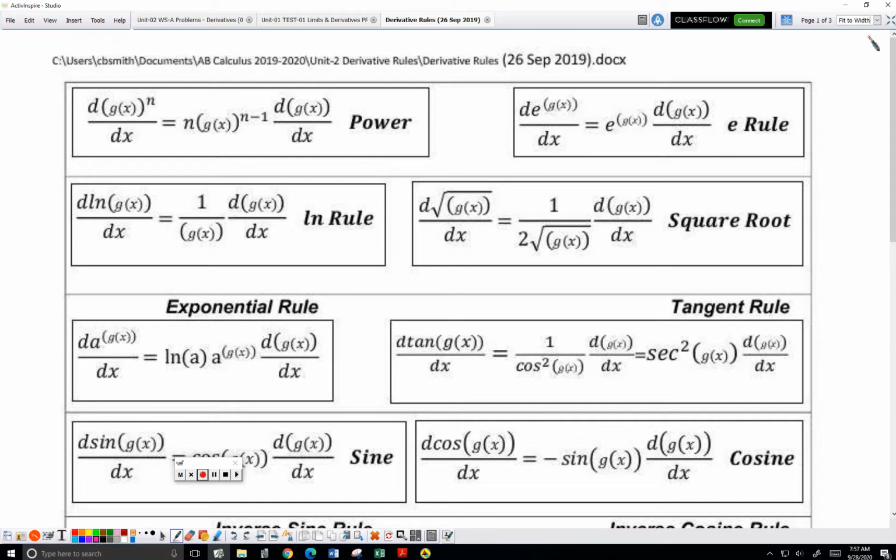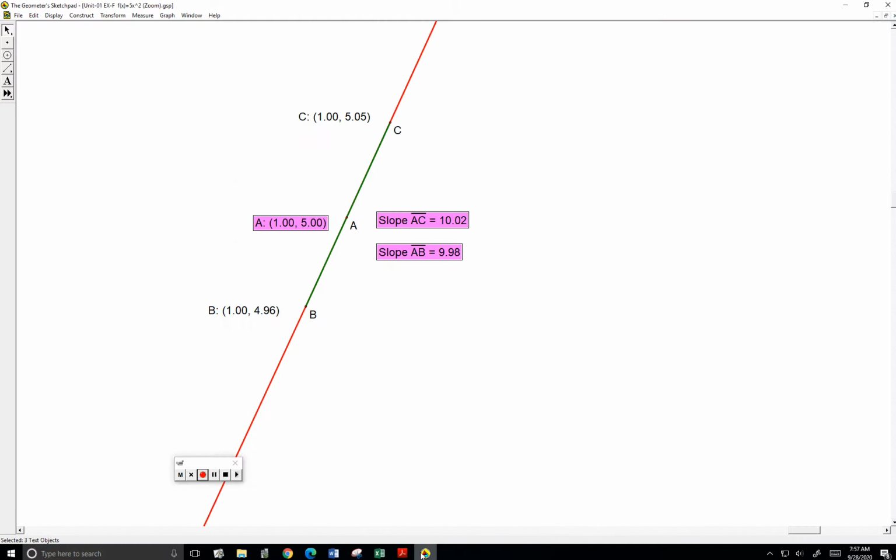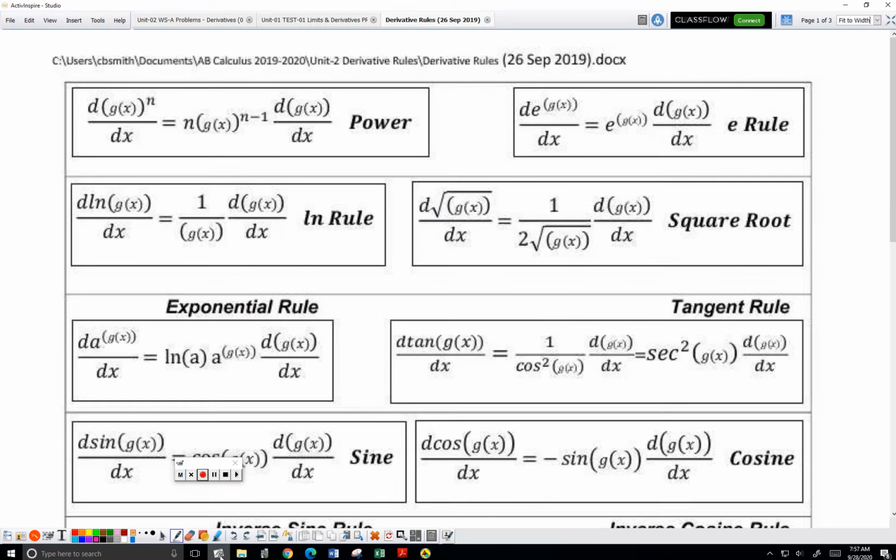We don't get tested on where the rules come from in this class. We won't spend time showing you how you get from here to a rule. If you want to look it up online, you can find a lot of explanations, YouTube videos, etc. that will show you. But basically, we're just going to learn how to use the shortcuts.